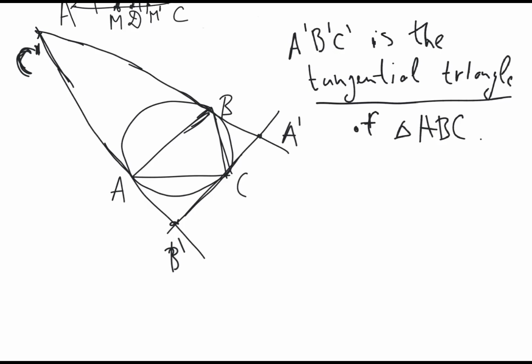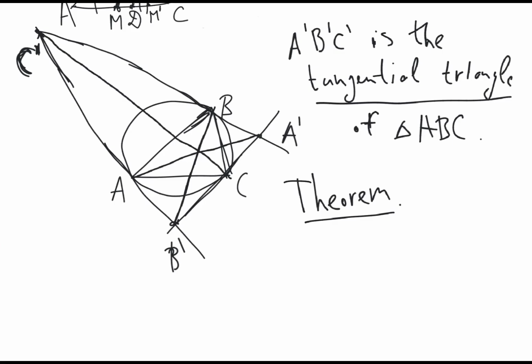Now the theorem says that if we connect these points, A to A prime, B to B prime, so the vertices of the original triangle and the vertices of the tangential triangle, then these lines are the symmedians of the original triangle.